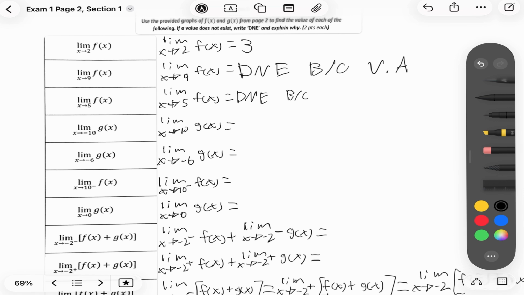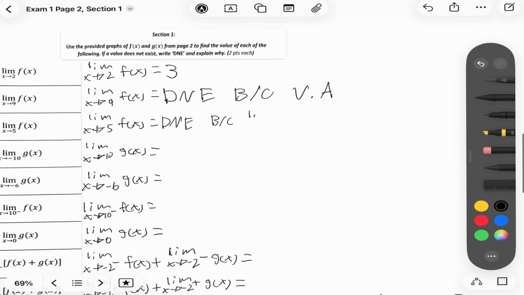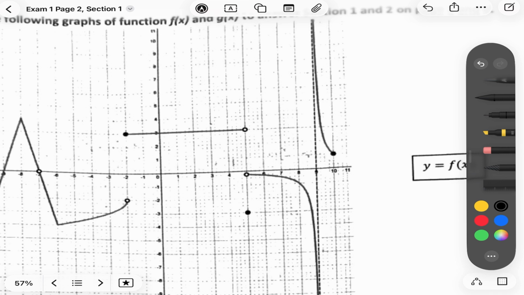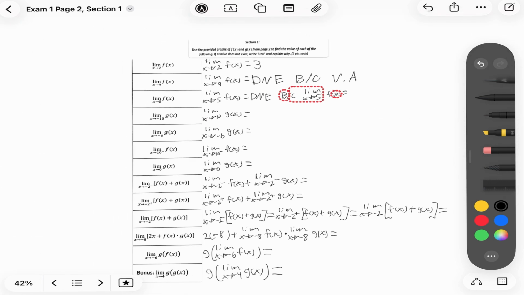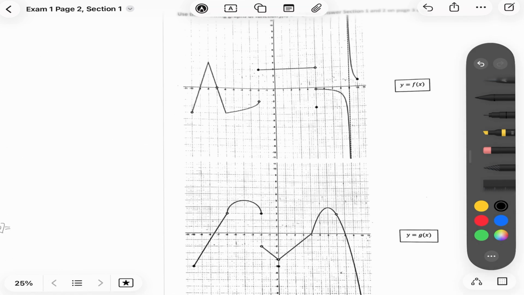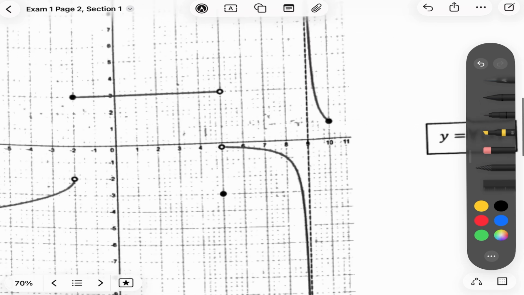We'll say because limit x approaching 5 from the left of our f of x graph will be 3, and limit x approaching 5 from the right side of our f of x graph equals around negative 0.2.